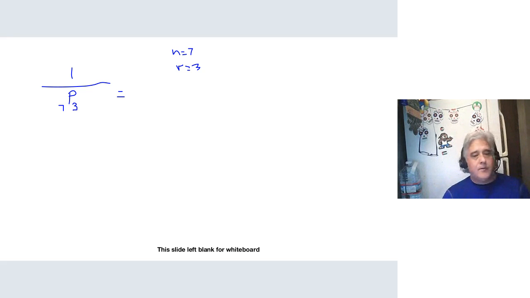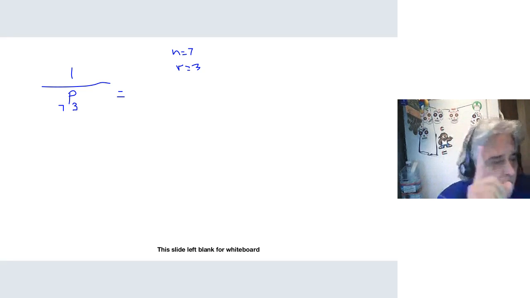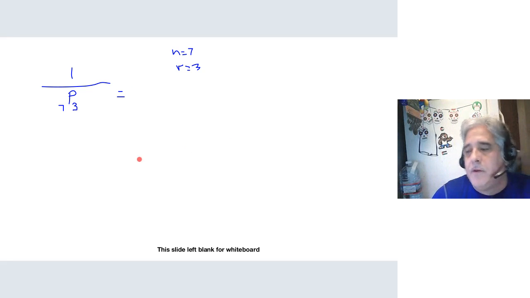So 1 over the total number of ways we can pull 3 from 7. Permutations, 3 from 7 can be pulled, the total number of ways on the bottom. And then the one that we want is that one order of June, Jane, and Javier.